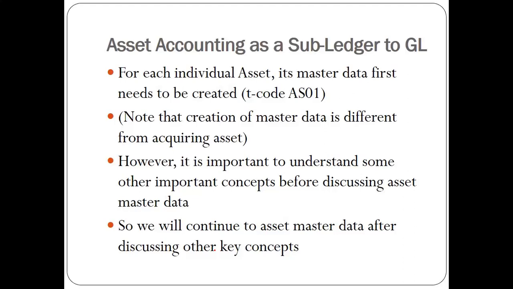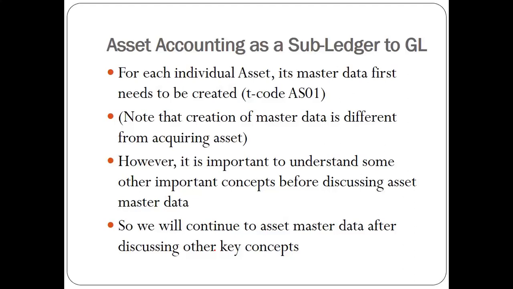You should note that the creation of asset master data is different from the acquiring of an asset. Just like when we created the vendor master data, we didn't have any accounting transaction with the vendor, we just created the main permanent details of the vendor. Similarly, when we create asset master data, we just create a placeholder for the asset.